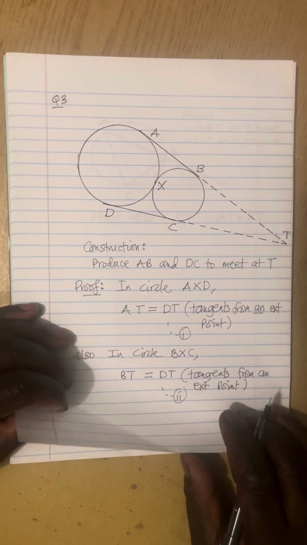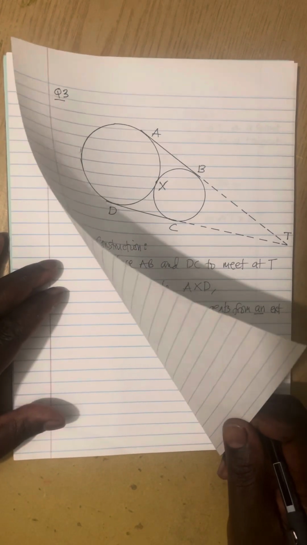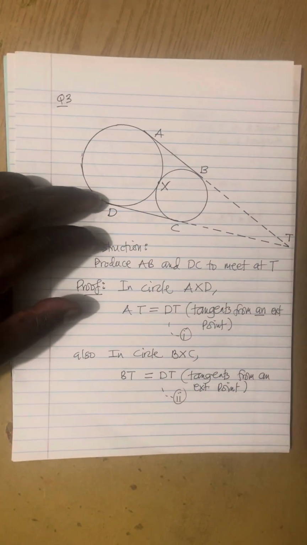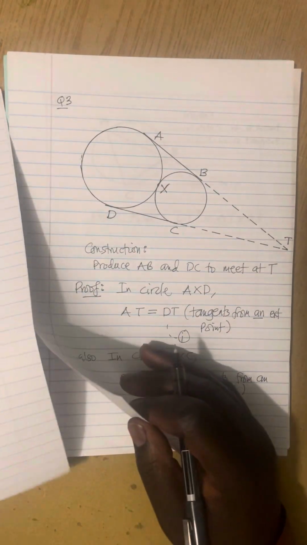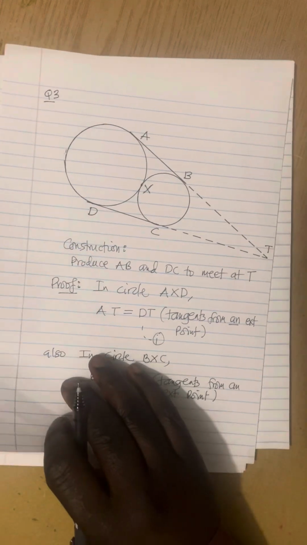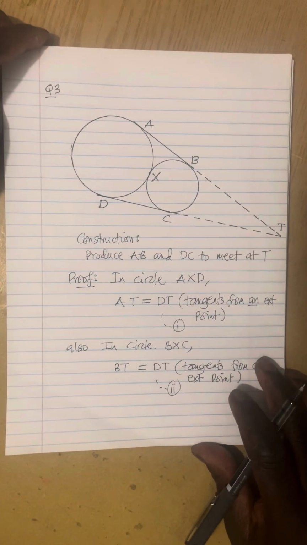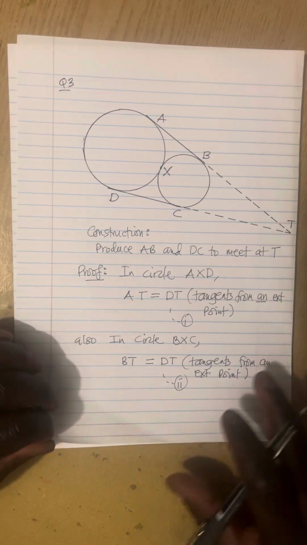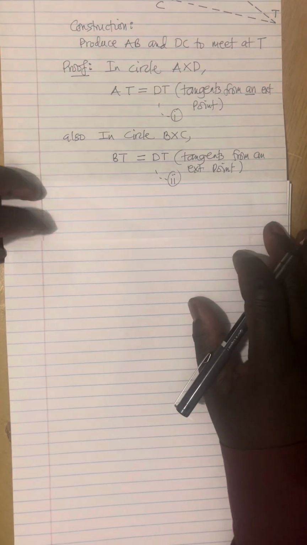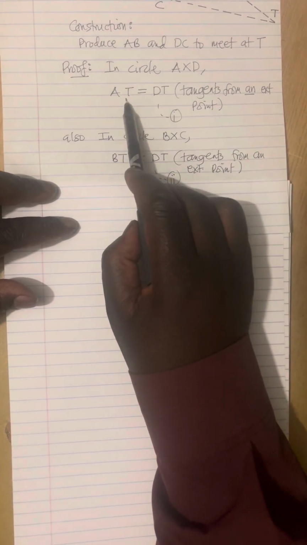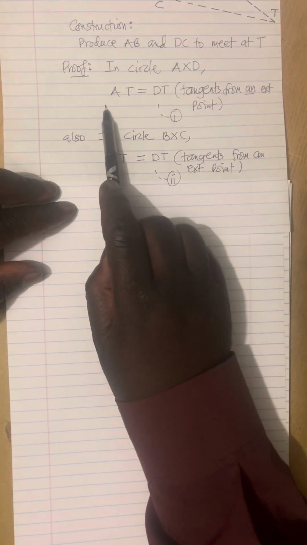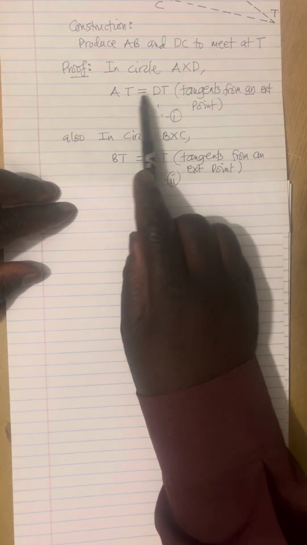Now, these two equations, I can put them together as follows. I'm going to subtract, because AT and DT are equal.